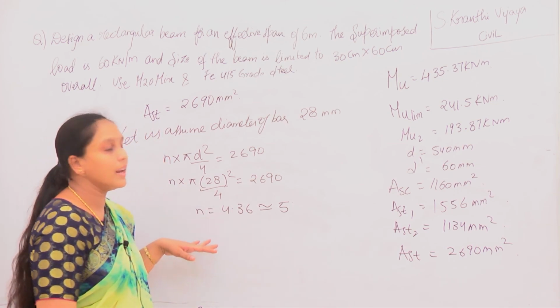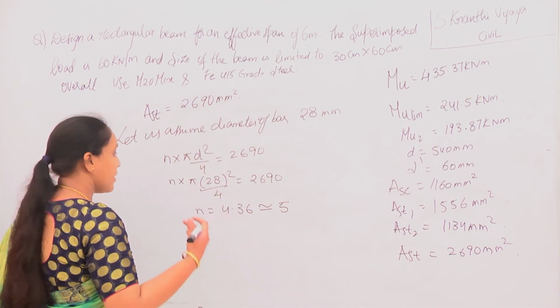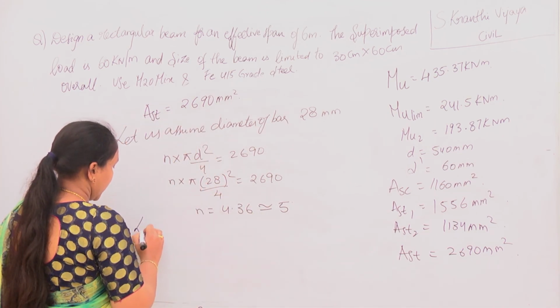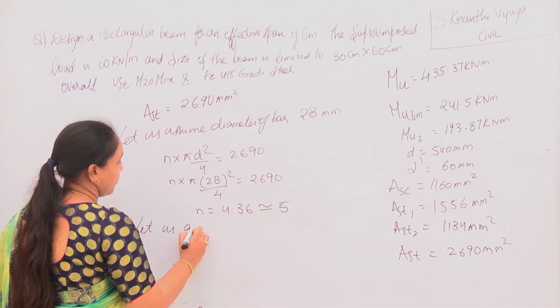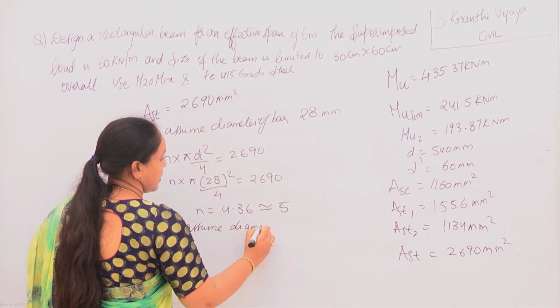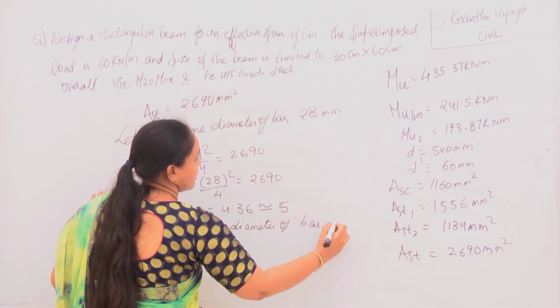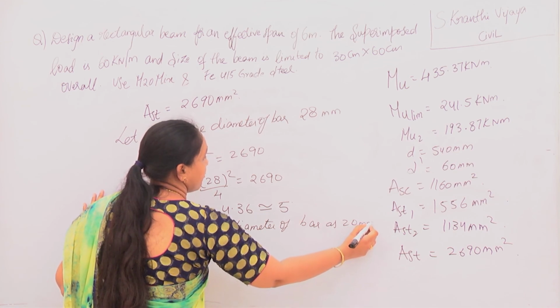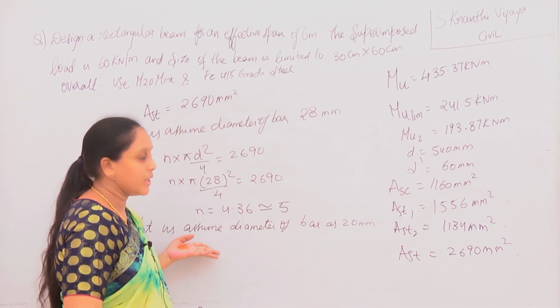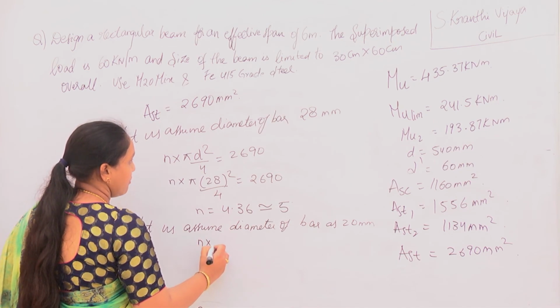Now in the similar way, let us find out the number of bars in the compression zone also. So for that, I am assuming the diameter of bar as 20 mm. This is for the compression steel. So in the similar way, find out the number of bars.